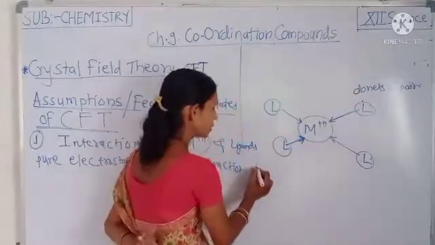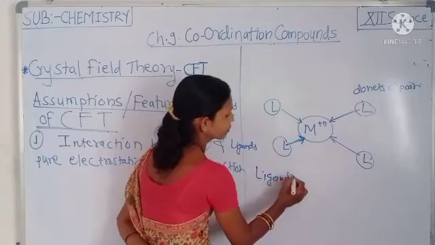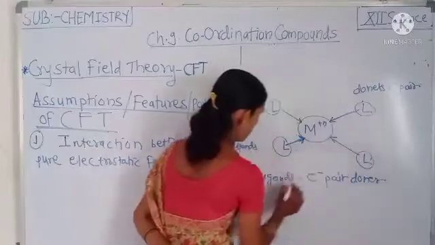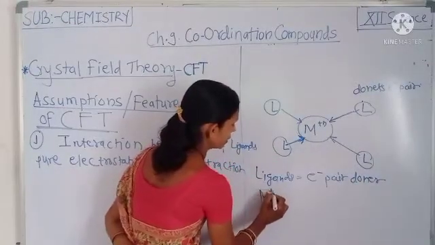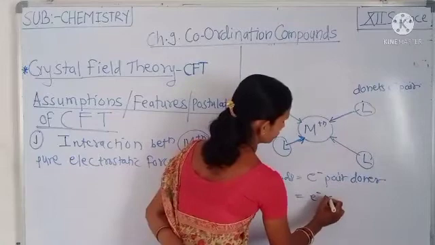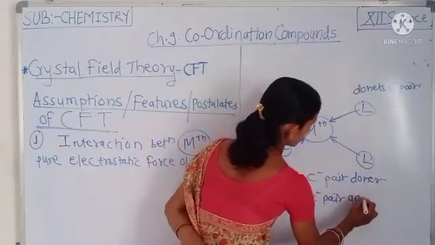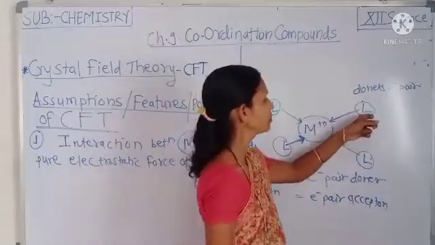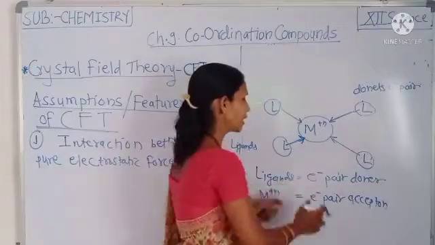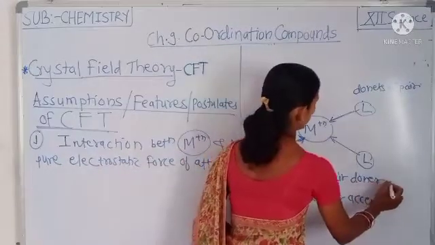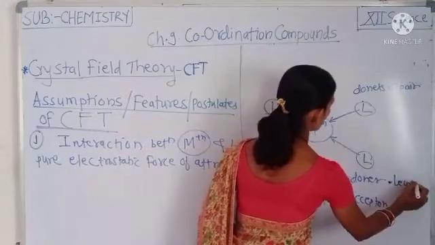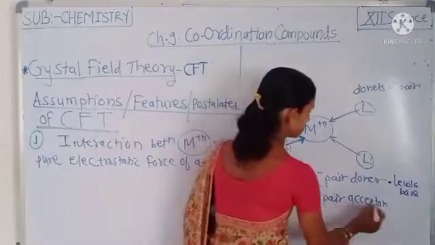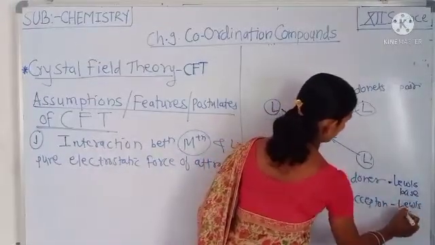That means ligands are electron pair donors and the central metal ion is an electron pair acceptor. Since the ligand acts as an electron pair donor, it acts as a Lewis base, and the metal ion acts as a Lewis acid.